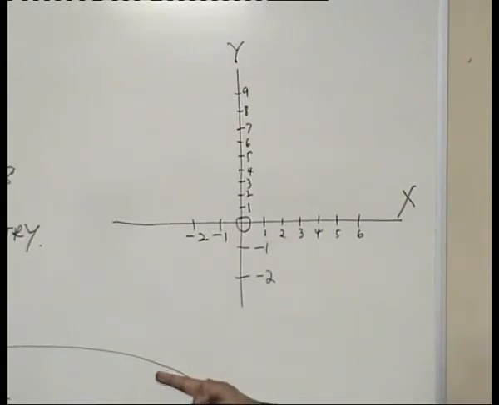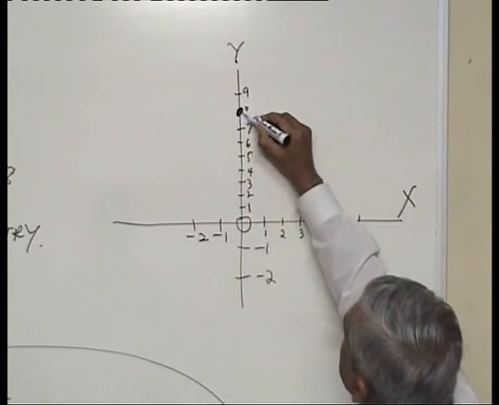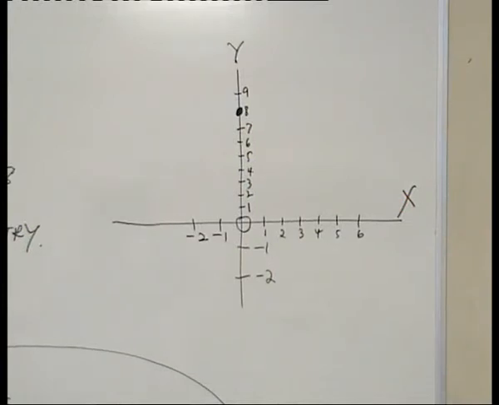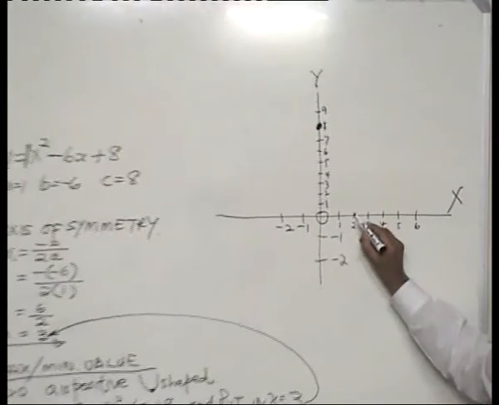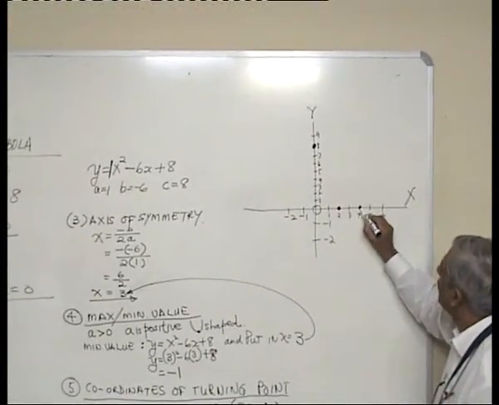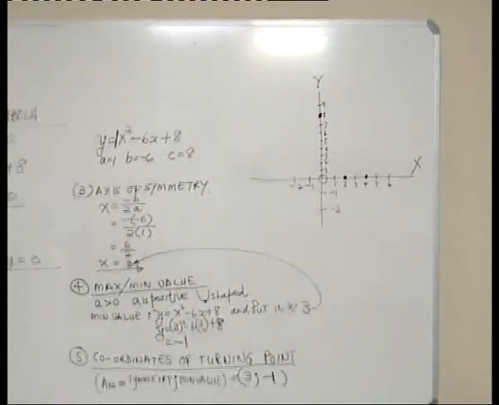Now, you just plot the points from one side. So what is the y-intercept? If you look at the y-intercept, it is 8, isn't it? So we place a dot on the y-axis at 8. Then we look for the x-intercepts. The x-intercepts are 4 and 2. So you place a dot on 2 and you place a dot on 4. Those are your 2 x-intercepts.